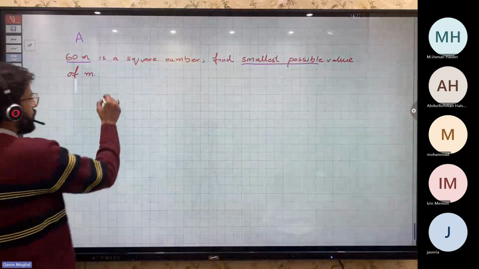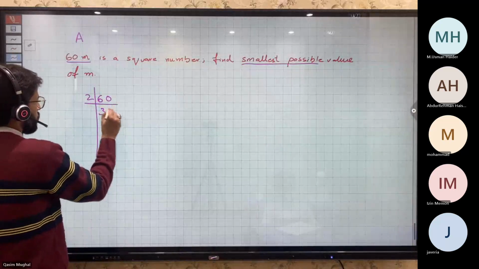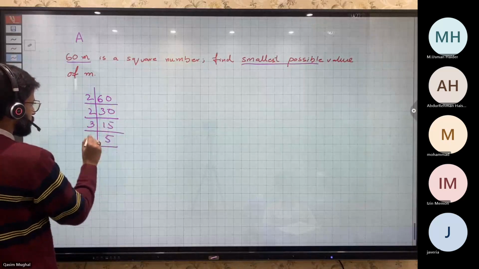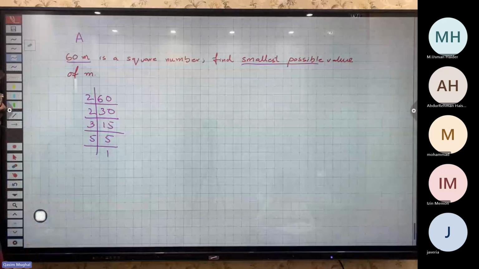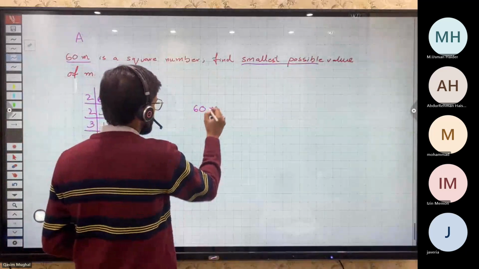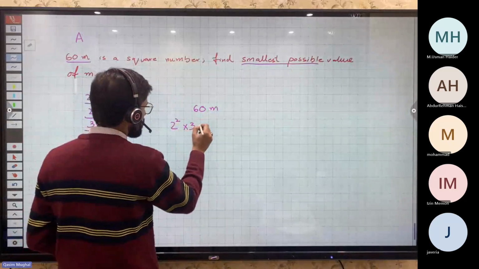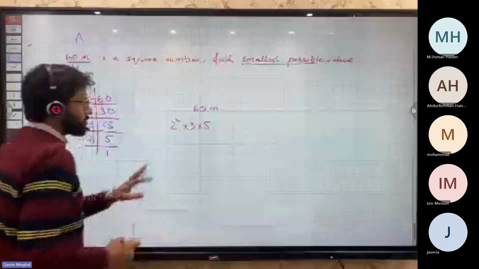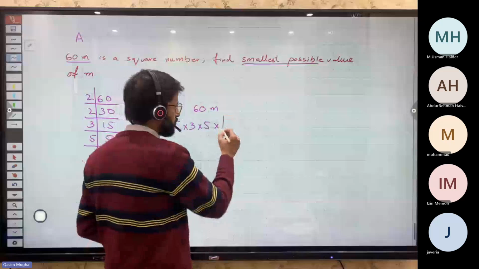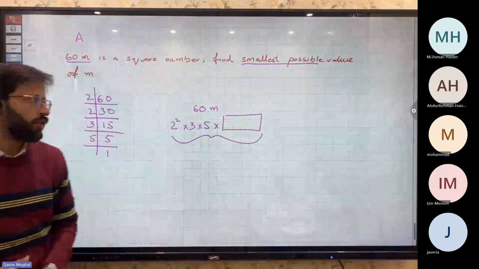In order to do that, we did the prime factorization of 60. When we did the prime factorization of 60, we realized that 60 is basically 2 squared into 3 into 5. Now, 60 alone is not a square number. 60 multiplied by m is a square number.